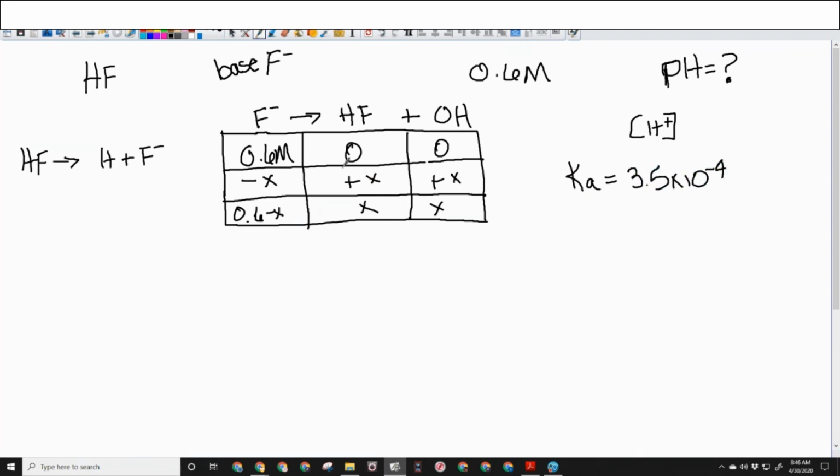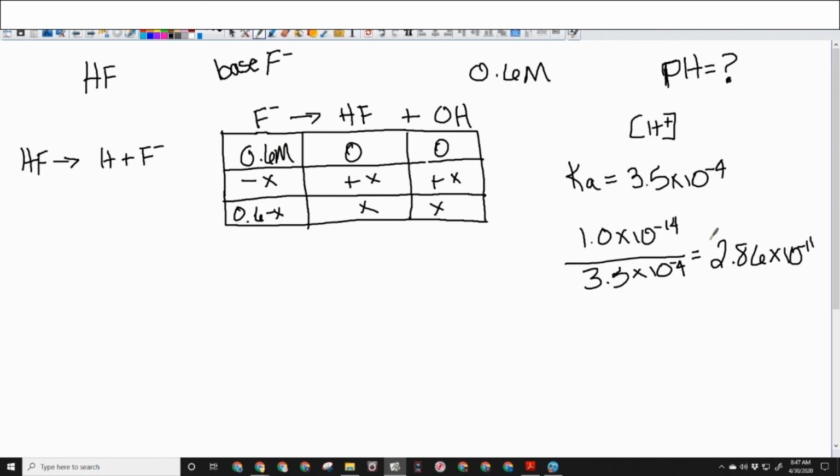In the other direction, so we have to get the Kb for this. So 1.0 times 10 to the negative 14 over 3.5 times 10 to the negative 4 is going to give us our Kb. And our Kb comes out to be 2.86 times 10 to the negative 11.